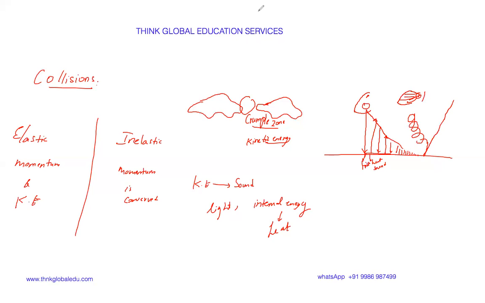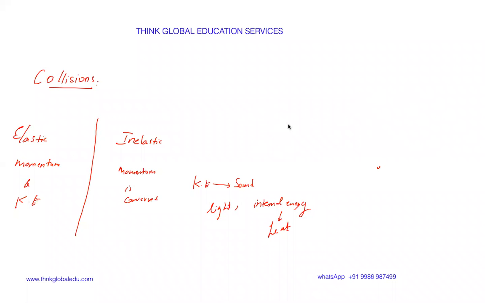Now here we discuss only two types of collisions, elastic and inelastic collision. Now let us look at some examples for elastic and inelastic collision. If you have seen a billiards board or snooker, at the ends of the board and also here, there will be pockets. This is where we have to hit the ball.